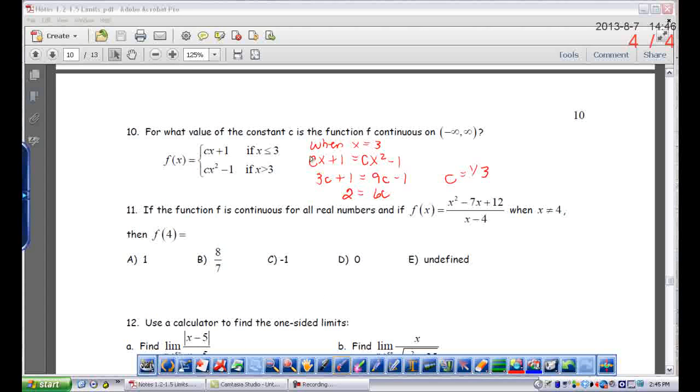So hopefully by now you recognize that this is probably going to factor and cancel, and sure enough it does. It factors into x minus 4 times x minus 3. So the x minus 4's cancel, and we're going to have a hole at x equals 4. What this question is asking is, what is the y value of the hole?